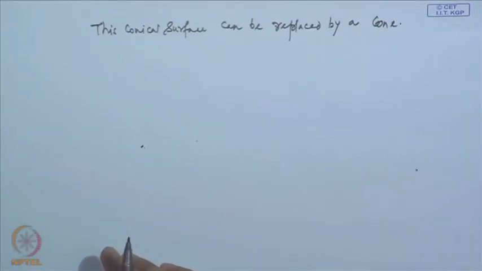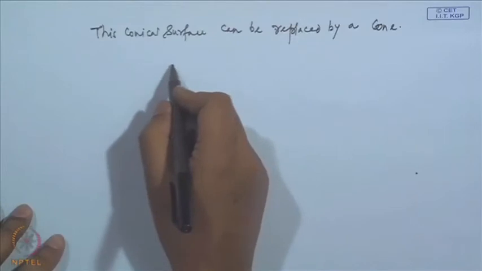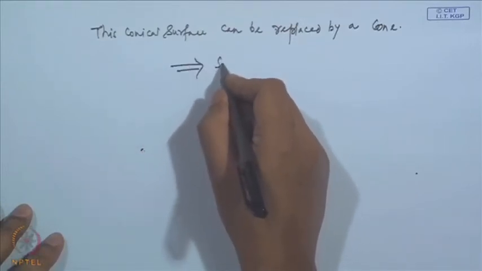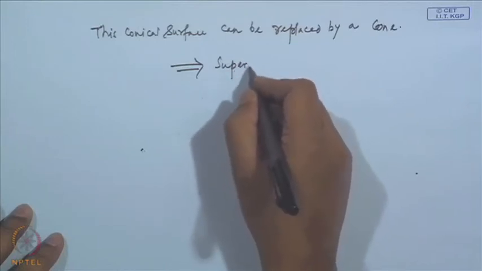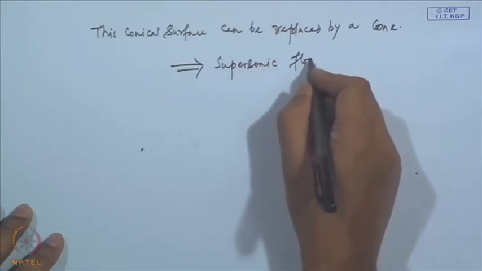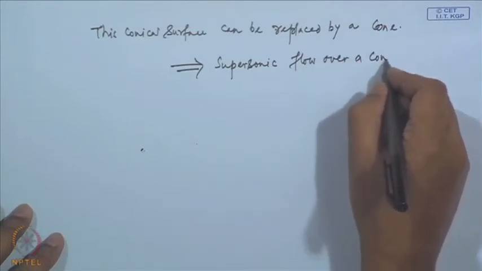And for all rays which have r by x higher than this, we will represent the flow field, and what we get is supersonic flow over the cone.